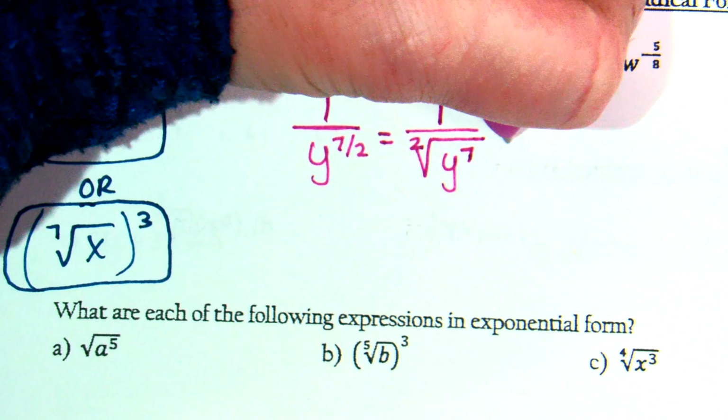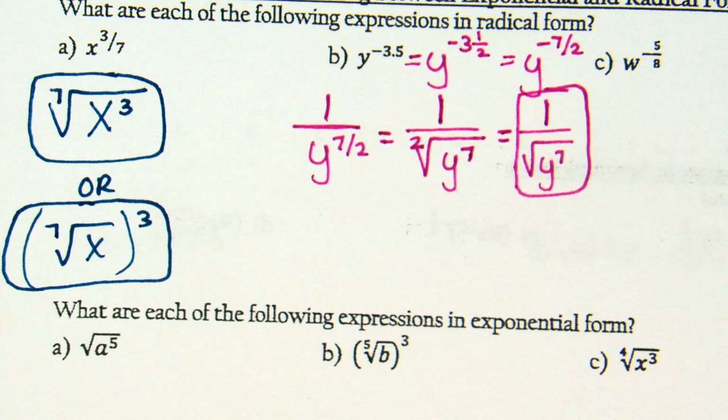Now, I do have another answer here, and I can't remember which way MathXL leaves it. But let me ask you a question. Square root of y to the 7. Is y to the 7th a perfect square? No, because why is it not a perfect square?